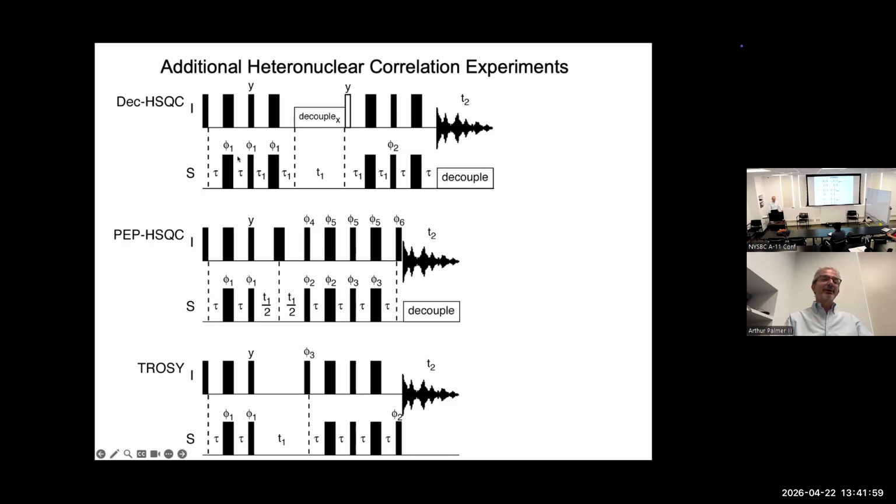And during this period, if you're looking at a CH2 or CH3, more complicated things are happening with the J couplings. So this is more an illustration of how these things get built. And of course, then there's the TROSY experiment that then just picks out the narrow multiplet.